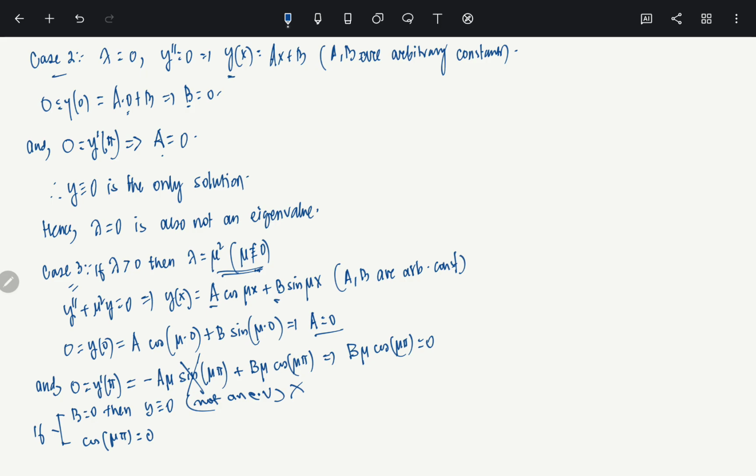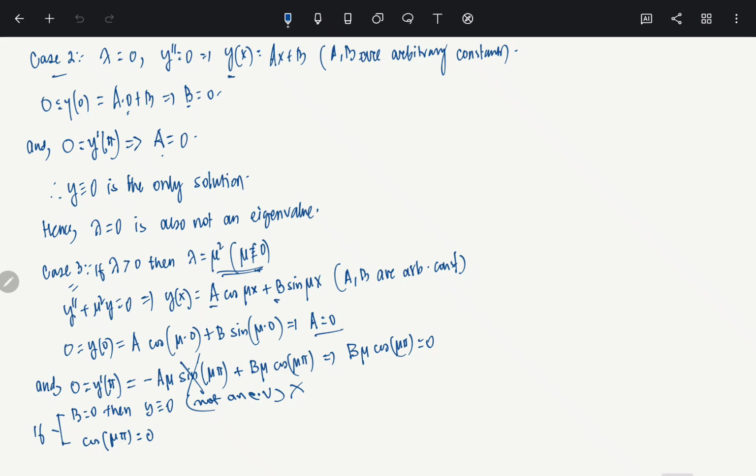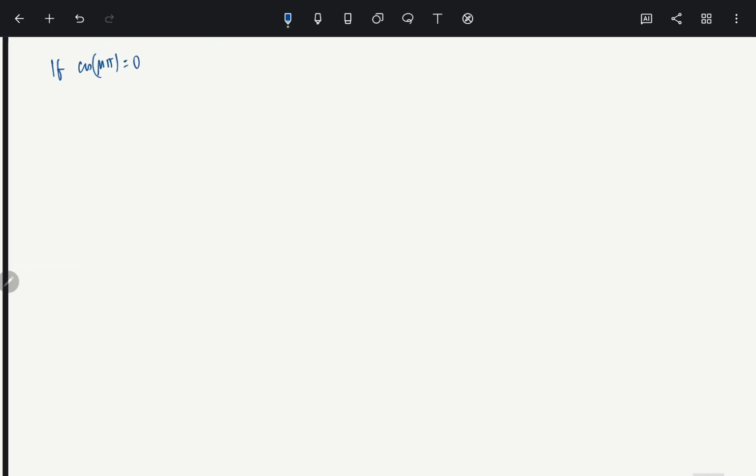Let's understand this. If cosine mu pi is 0, then b is not 0, but cosine mu pi is 0. We need to know when cosine is 0.